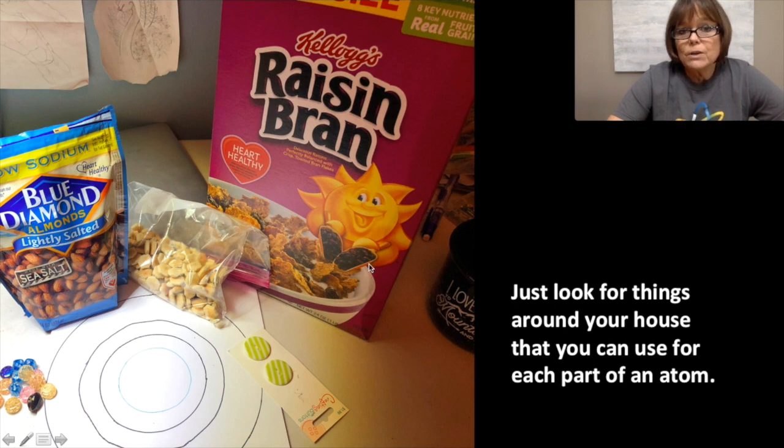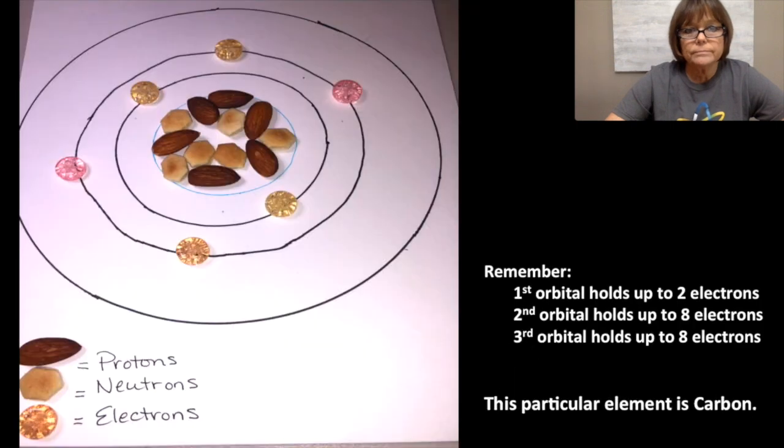I could have used a box of Raisin Bran. I could have used some of the flakes for some pieces and some of the raisins for another piece of the atom. You can also use buttons. There are a gazillion things that you can use to create your Bohr model. So you just find things that you have easy access to.